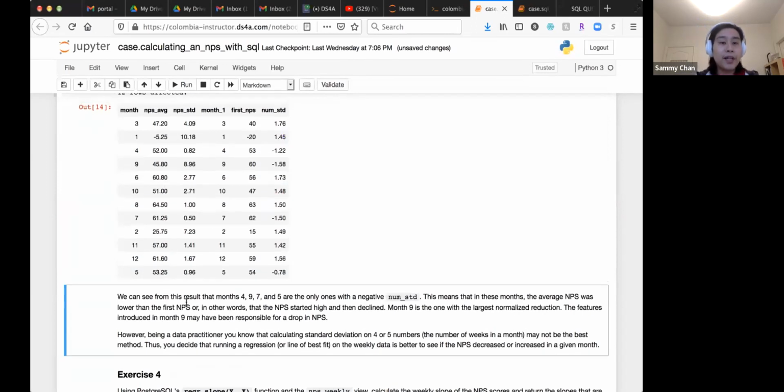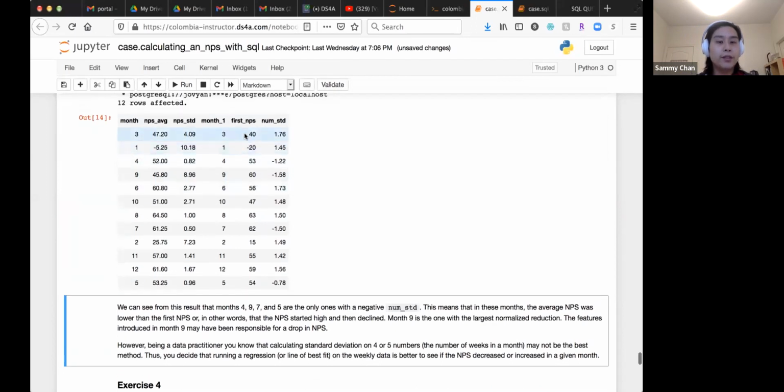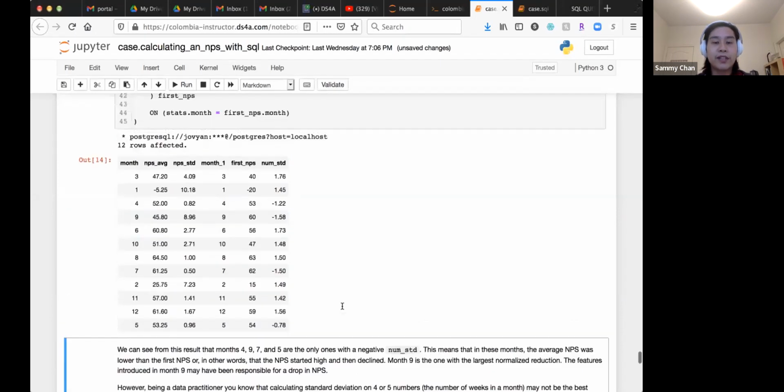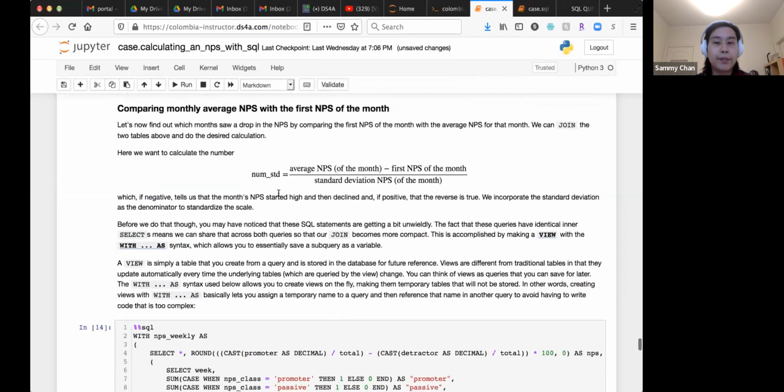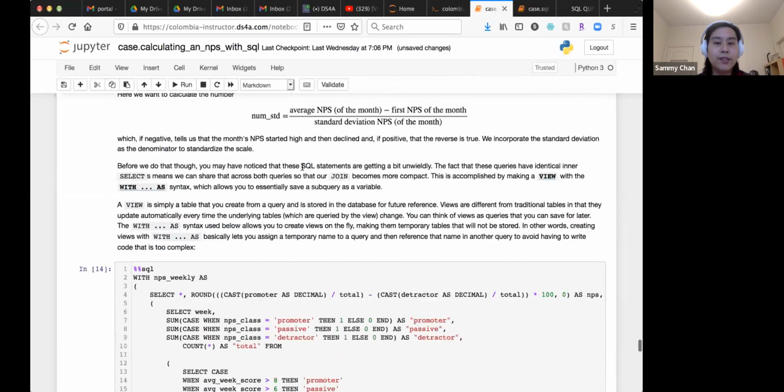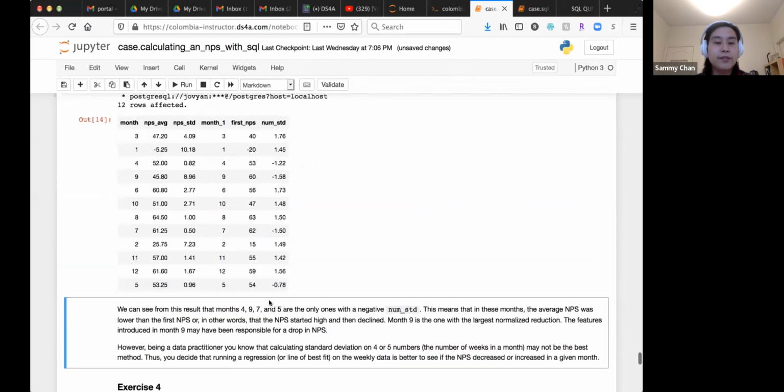Okay, so now we see the monthly NPS standard deviation, and the first week of the NPS, right? So here we can see from the results, these few months, 4, 9, 7, and 5, were the only ones with a negative num-STD, which means in these months, the average NPS was lower than the first week.